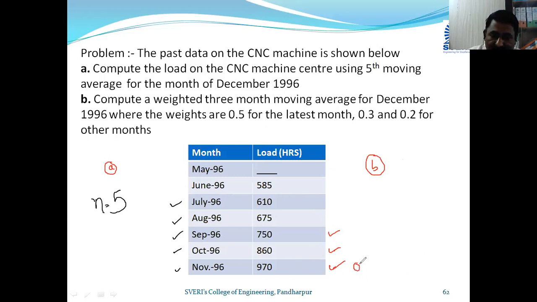So here you have to give the weight as 0.5, here 0.3, and here 0.2. You will multiply 970 into 0.5, 860 into 0.3 and 750 into 0.2. So this is your answer for the second case. These are the things required, so just take down the month and load, then we can put them in the formula and proceed.